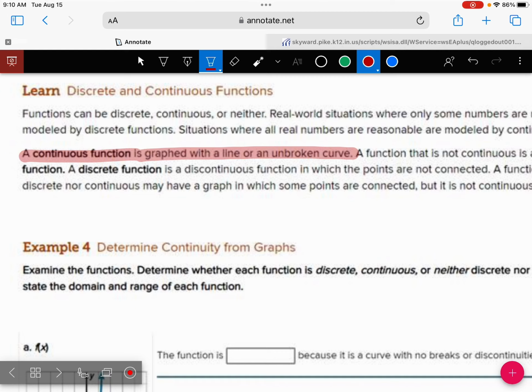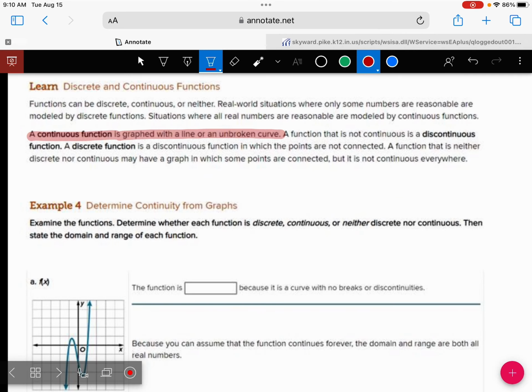I do have highlighters next to the red basket that you can borrow. If a function is not continuous, it is discontinuous. So the opposite of continuous is discontinuous. And then a discrete function is just points that are not connected.